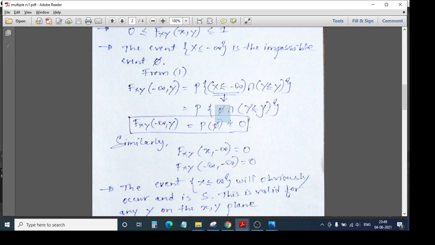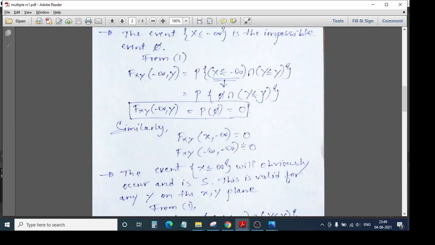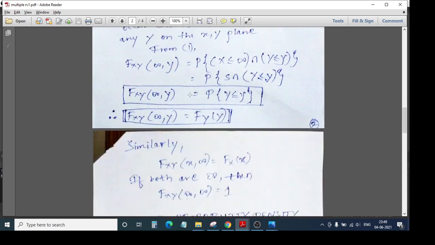When you intersect a null set with a variable, the answer is 0. You can remember this as 1 multiplied by 5: when you multiply 1 with 5, the answer is 5. This is nothing but 0 multiplied by 5: when you multiply 0 with 5, the answer is 0. So that is what has been given here.